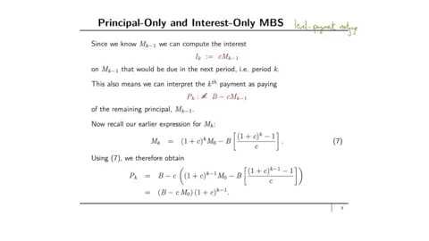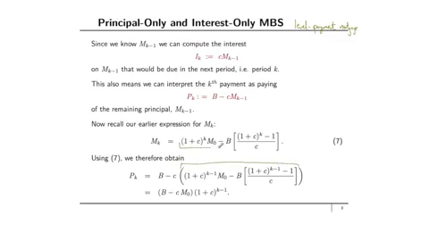So if you recall our earlier expression for M_k from an earlier module, we saw that M_k, the outstanding mortgage principal at time k, is given to us by this quantity. So using this expression here in 7, we can actually calculate P_k. P_k equals B minus C times this expression here, evaluated at k-1, because we have a k-1 here. So if I substitute k-1 instead of k here, I get everything down there.